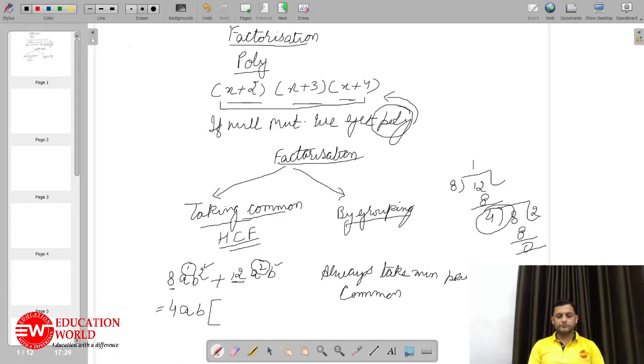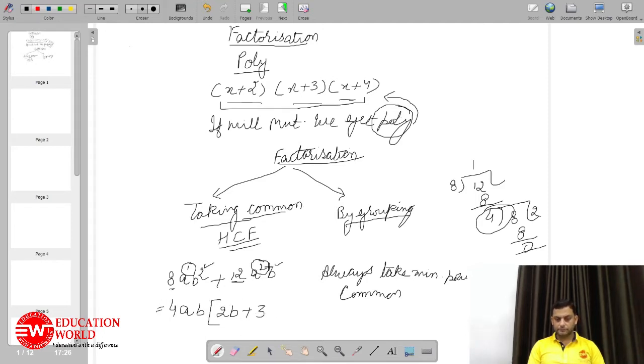Now, 4 you have taken from 8, so when you divide, it will be 2 here. Out of a, 1 you have taken, so no a is inside, only 1 is there. Then 2 b's are there, 1 you have taken, so 1b is left. Plus again, now 12 you can divide by 4, what you will get? 3.